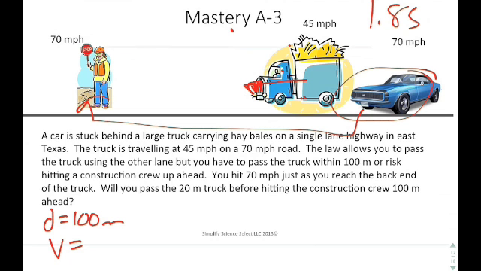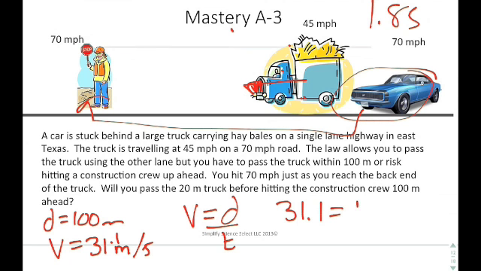Now, you should be familiar with converting 70 miles per hour into meters per second. When you do that, you get 31 meters per second. Now, if you were to plug this in, it's actually 31.1. If you were to plug it into V equals D over T, you would get 31.1 equals 100 divided by T. Multiply both sides by T, divide both sides by 31.1.